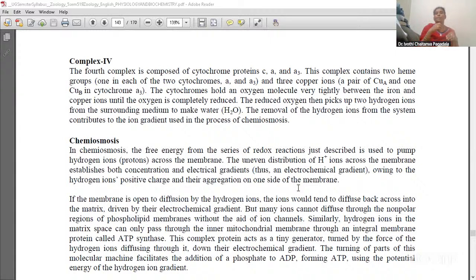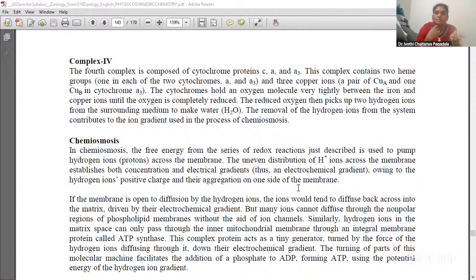This complex protein acts like a tiny generator, turned by the force of the hydrogen ions diffusing through it, depending on their electrochemical gradient.